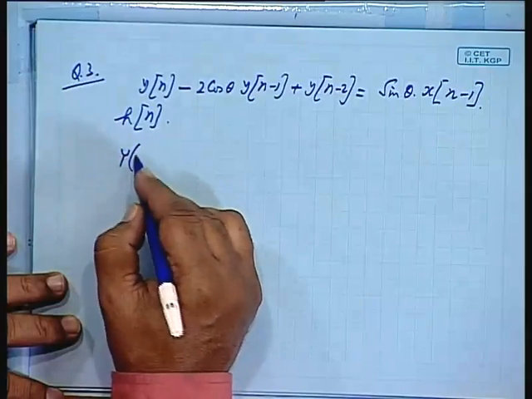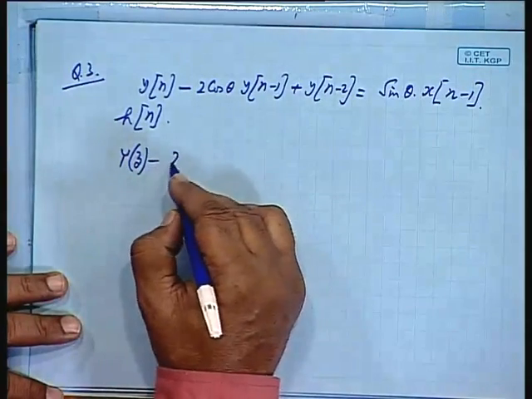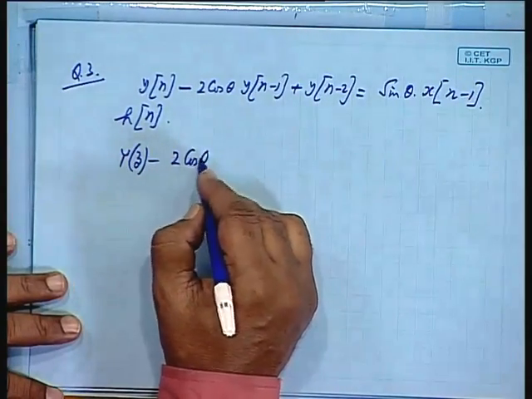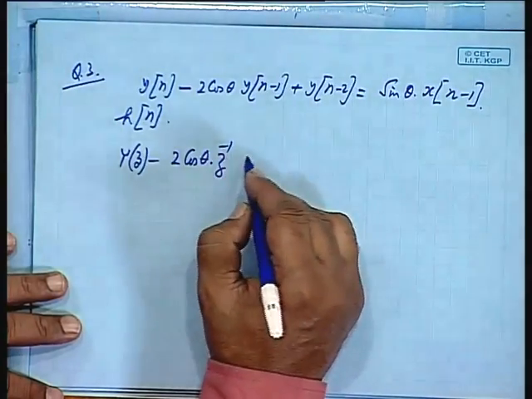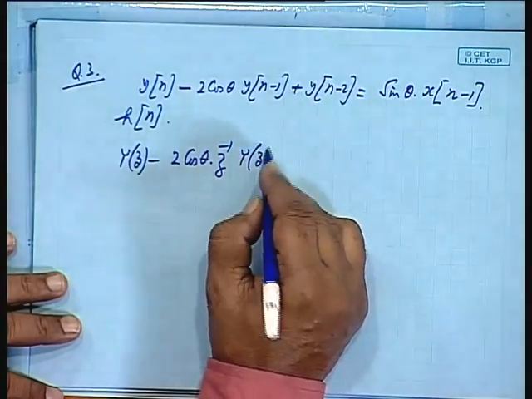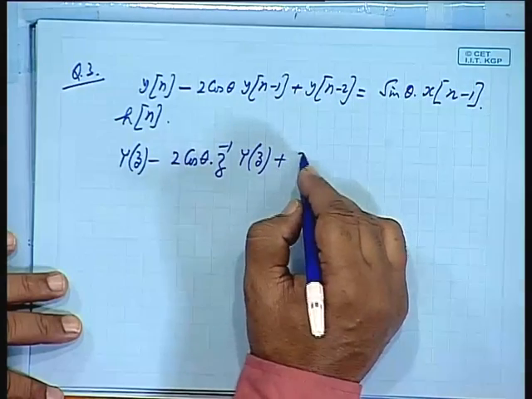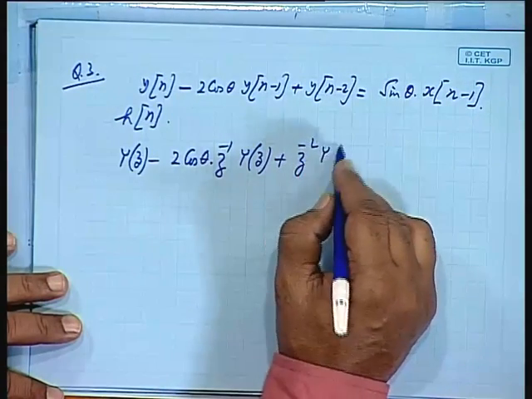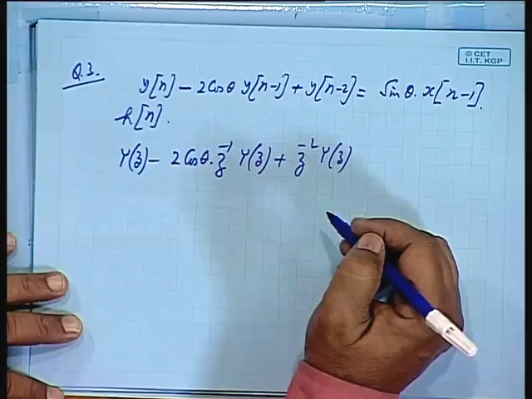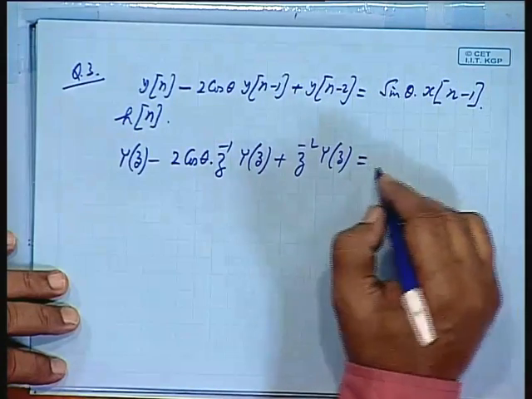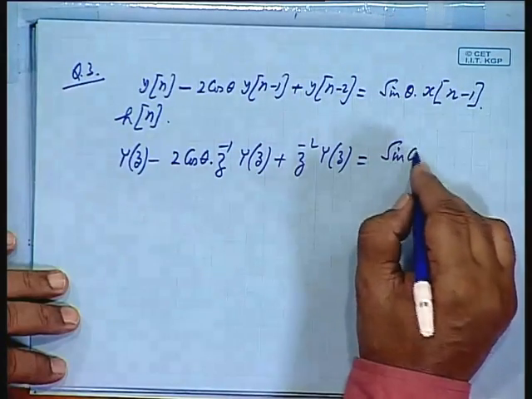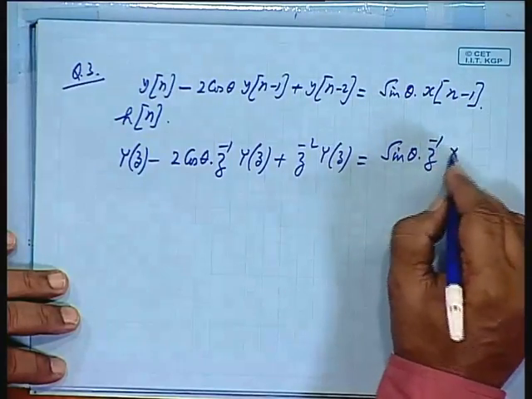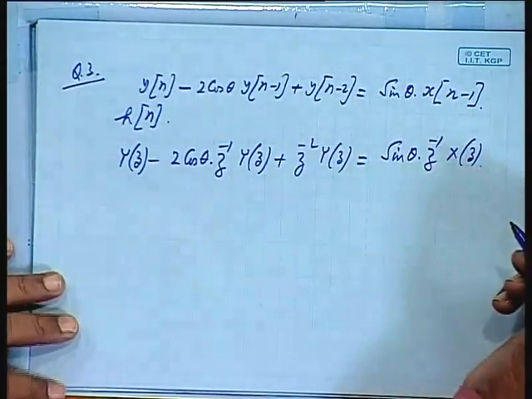If you take z transform, this will be y z minus twice cos theta z inverse y z plus z to the power minus 2 y z, okay, equal to sin theta into z inverse into x z.